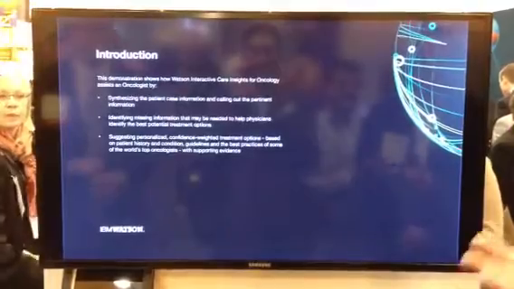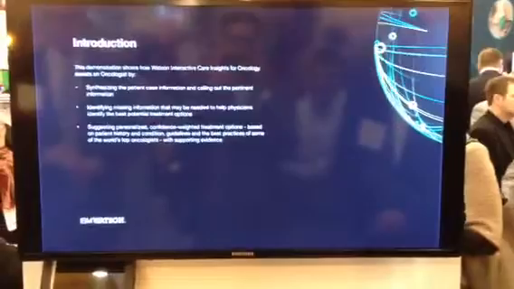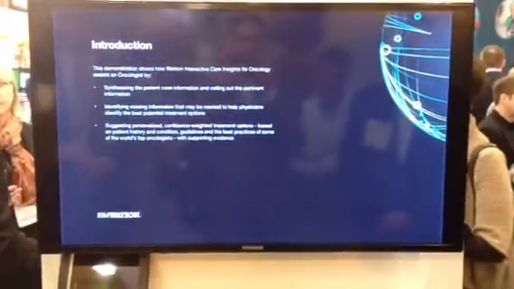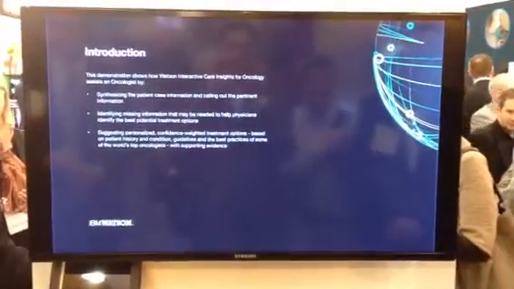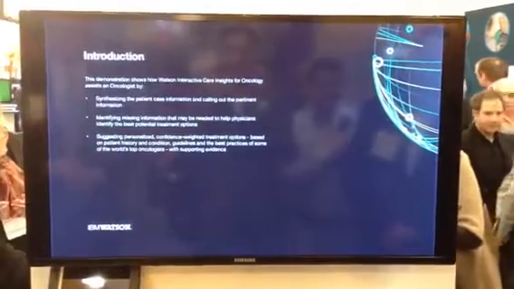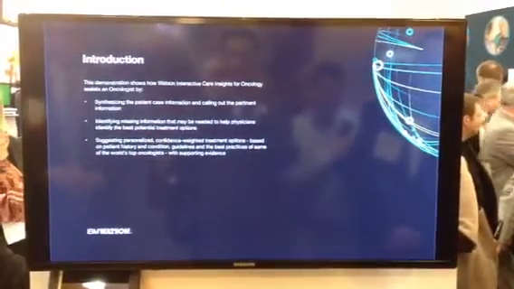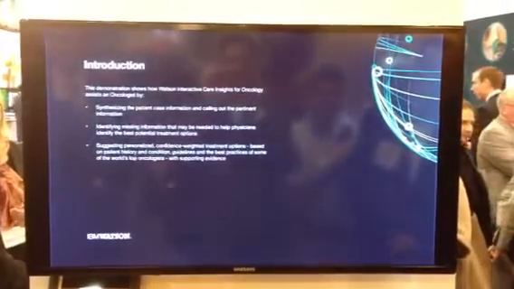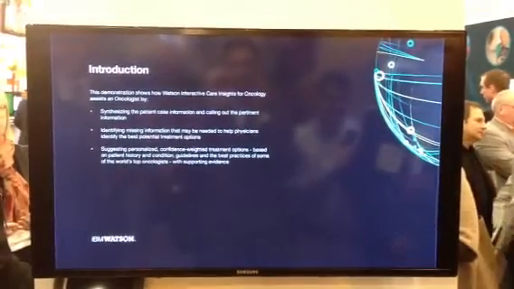Watson can do that for the doc, synthesize the information, and display pertinent facts on the patient very quickly. This particular demonstration also shows how Watson can identify for the doc other information that he or she may not have thought about that's important in the particular diagnostic situation.